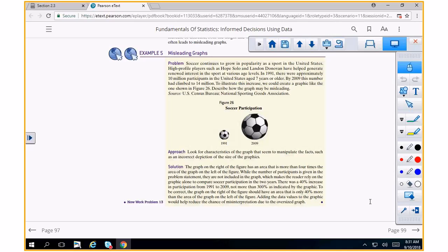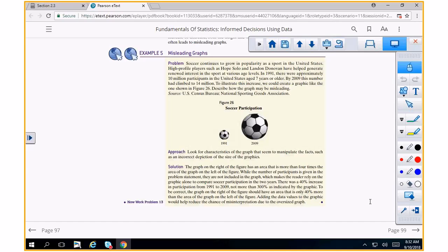Players, Hope Solo, I've never heard of them, have helped generate renewed interest in the sport at various age levels. In 1991, there was approximately 10 million. By 2009, this number had climbed to 14 million. Okay, write that sentence down. And somebody tell me what's wrong with that. What's wrong with the pictograph?